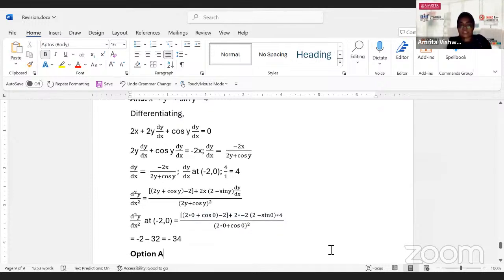That is option A. I'm just going to look at the chat box. Mahita, there is a negative sign. Here it becomes 1 into minus 2. So there is a minus 2 also here. Here also there is a minus 2.